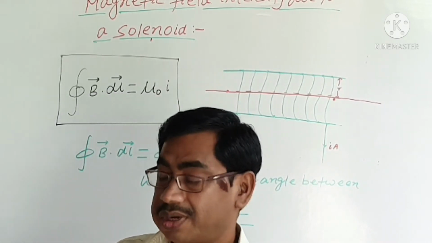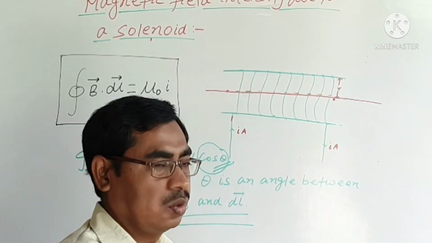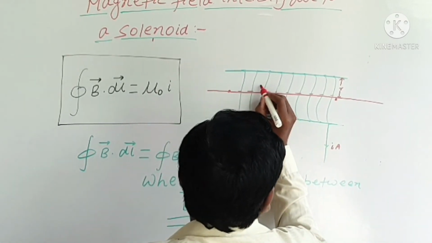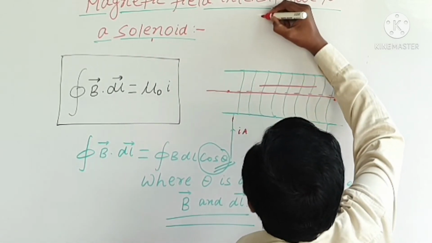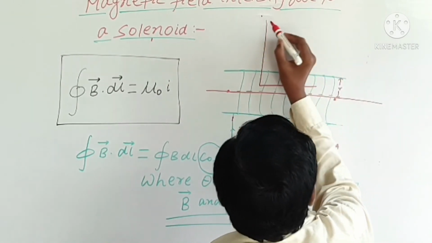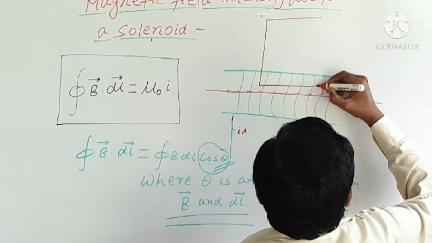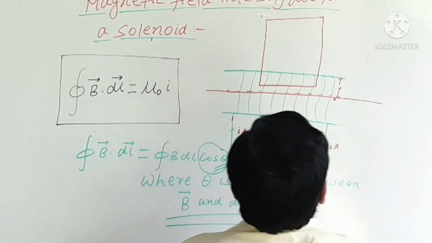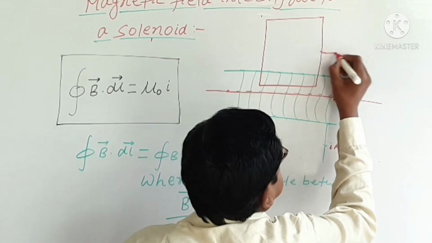Okay. For this purpose, we draw a rectangular Amperian loop as such. This is a rectangular Amperian loop.